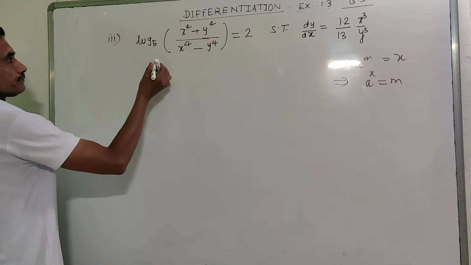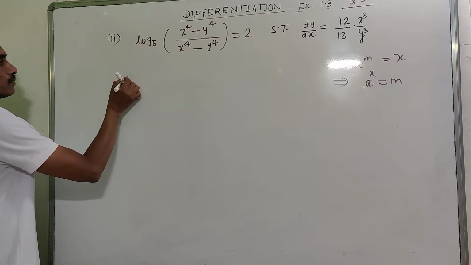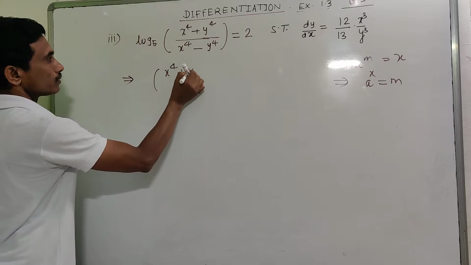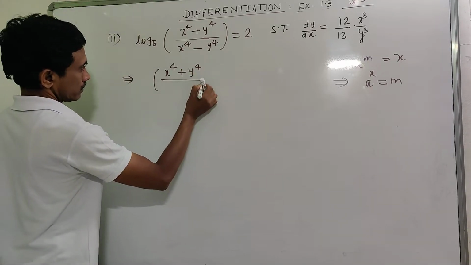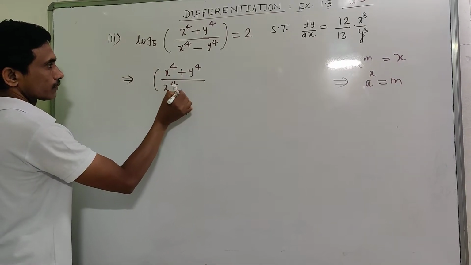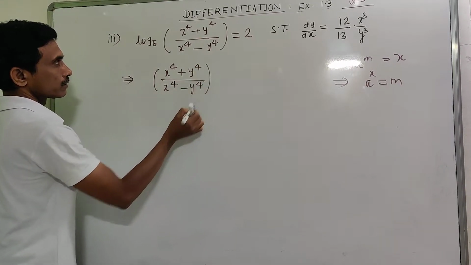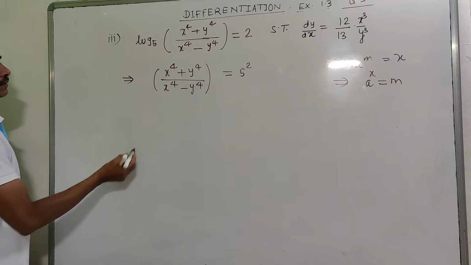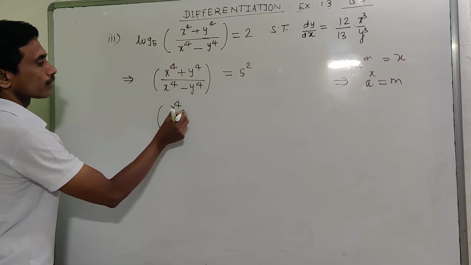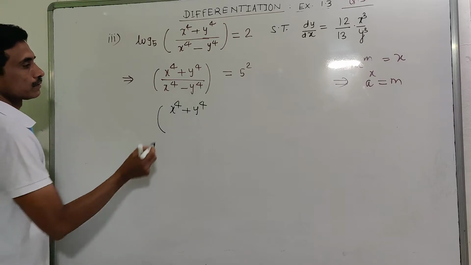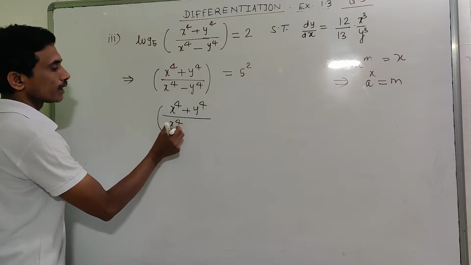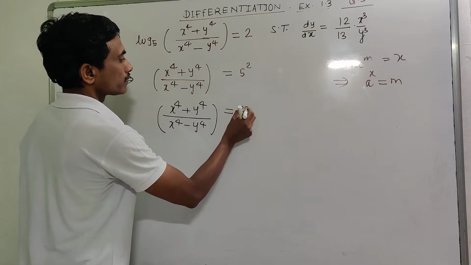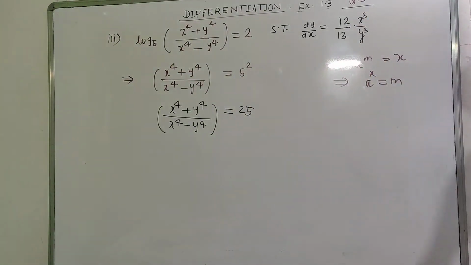So this implies x to the power 4 y to the power 4 upon x to the power 4 minus y to the power 4 is equal to 5 square. This is x to the power 4 y to the power 4 upon x to the power 4 minus y to the power 4 is equal to 25. In this way we simplify.